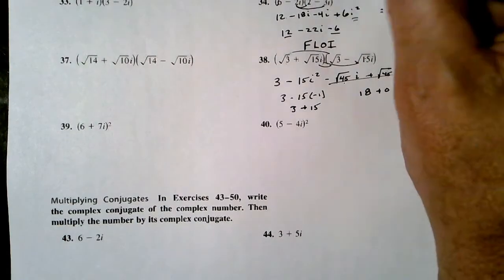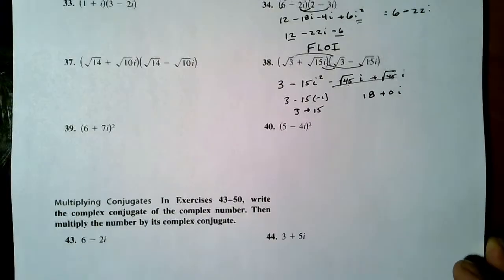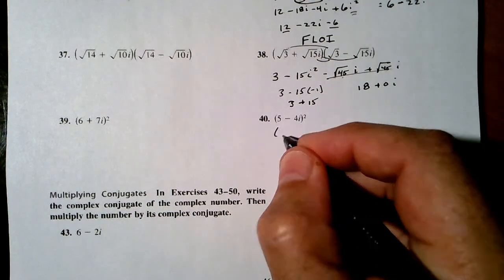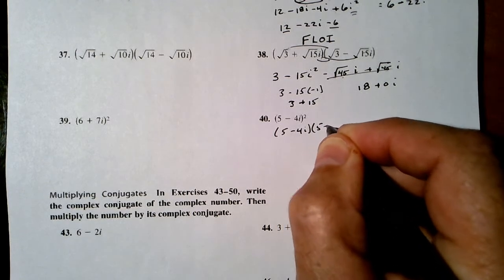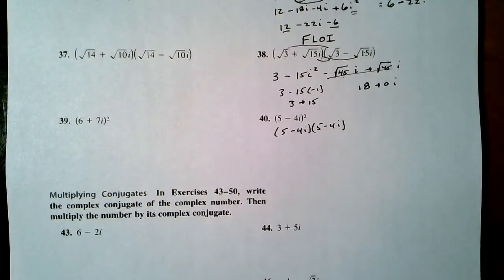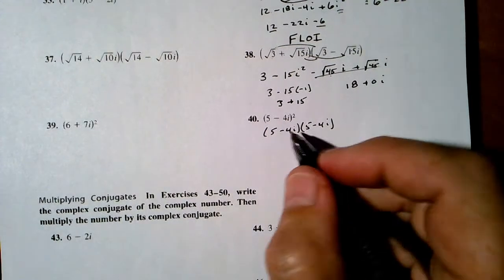We have to FOIL this, so you might want to do this. 5 minus 4i times 5 minus 4i, and perhaps instead of FOIL we would FLOI it. Let's FLOI it.